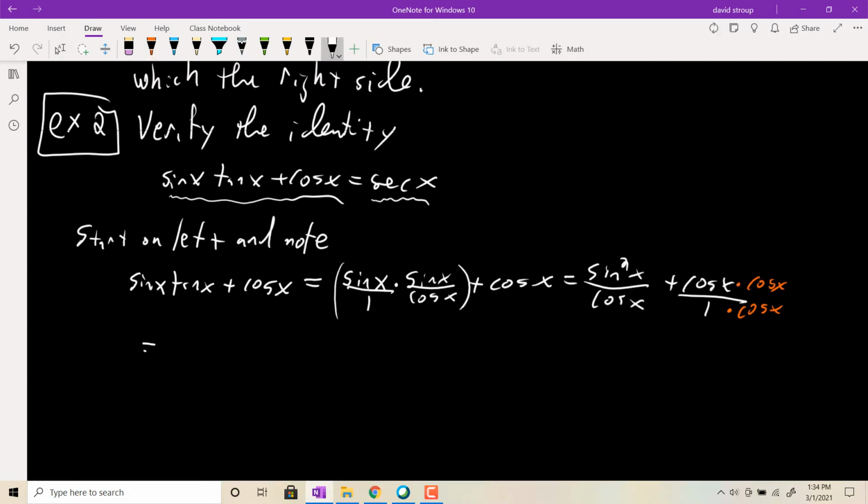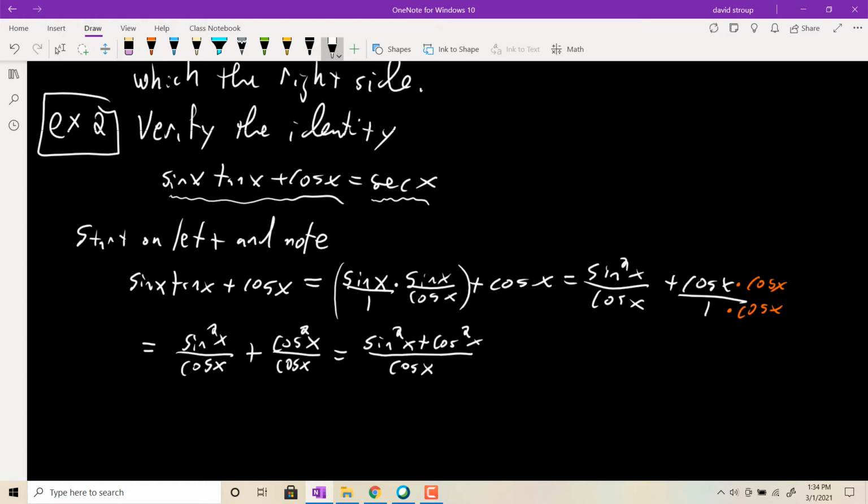Then that will equal sine squared x over cosine x, plus, from finding the common denominator, cosine squared x all over cosine x. Then I can add the two numerators over the common denominator, and your familiarity with those identities really will pay off in this section, right?